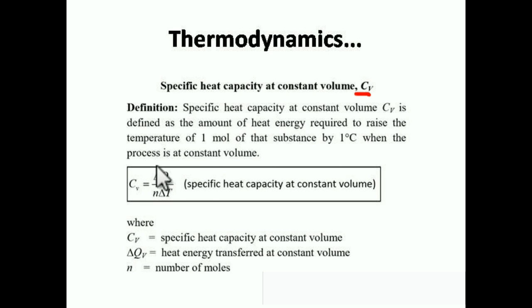Just add this line and the definition comes. Here CV is the specific heat at constant volume, delta Q is the heat energy transferred at constant volume, n is the number of moles, and delta T is the temperature difference.